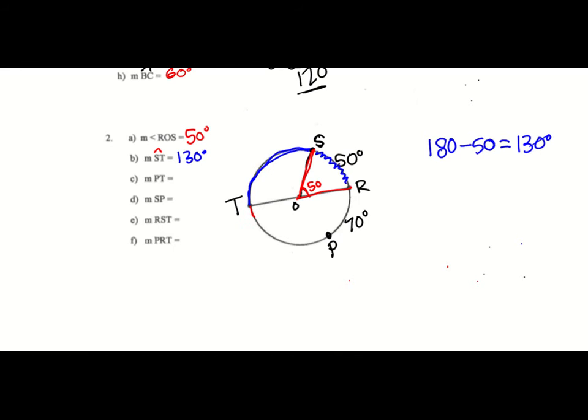Similar thing with PT, we have this piece is what we're looking for, and we know that this piece is 70. We start with the semicircle and take away 70, we are left with 110.